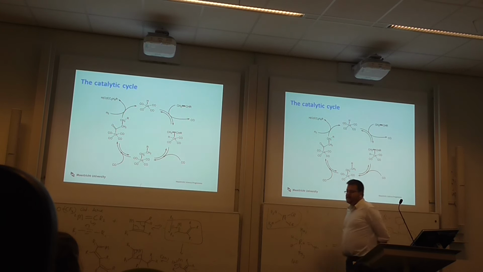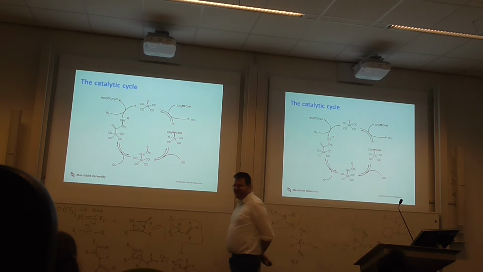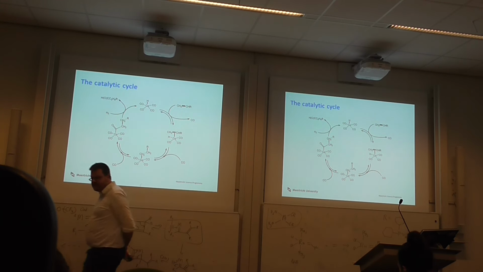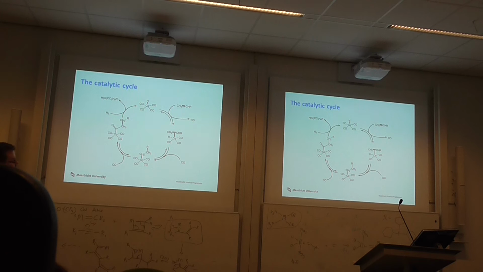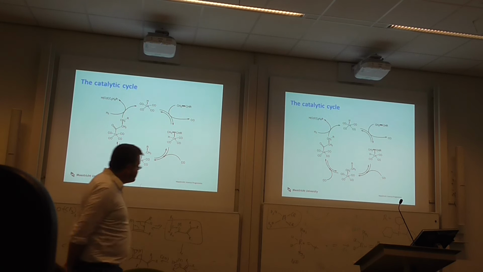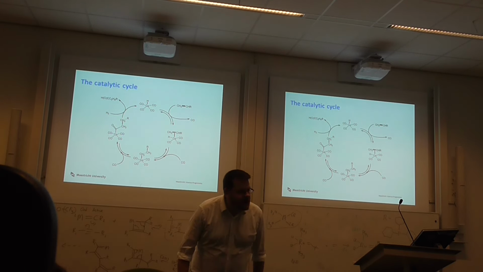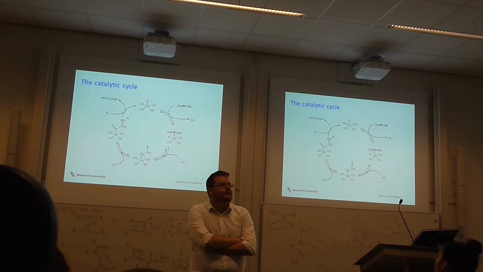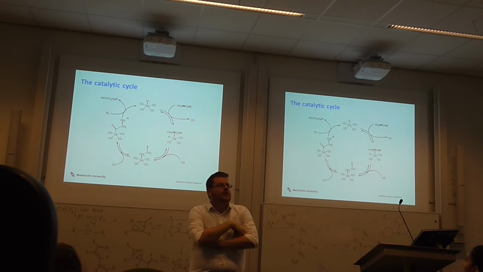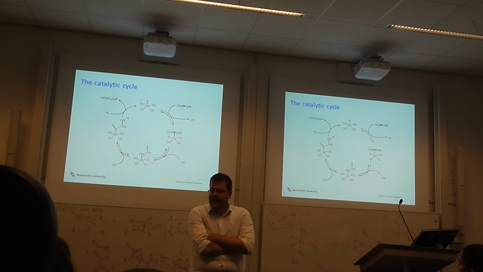What I want us to look at now is the mechanism of this hydroformylation, and let's do this step by step. In fact, I'm not going to say anything, because I want you guys to tell me what's happening there. So we start off with HCo(CO)4, that is a carbonyl hydride.